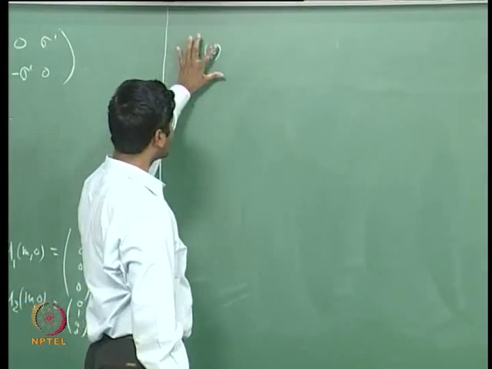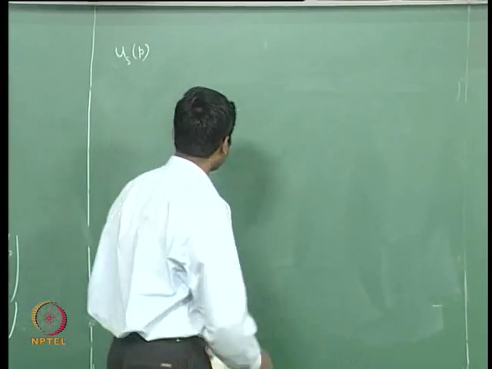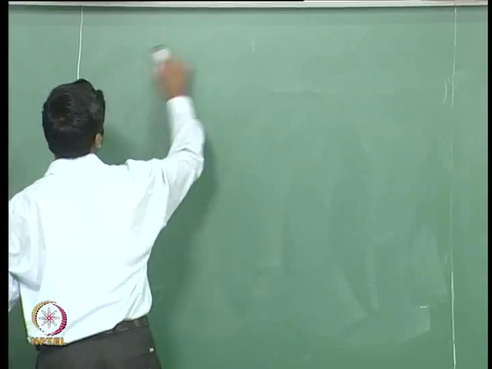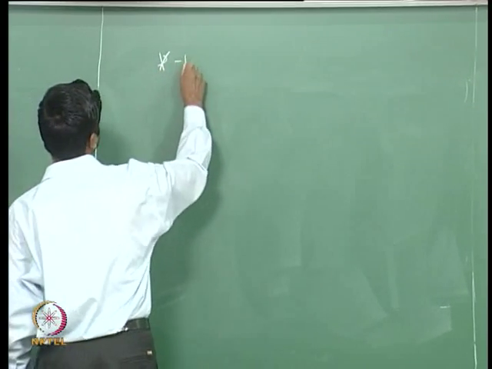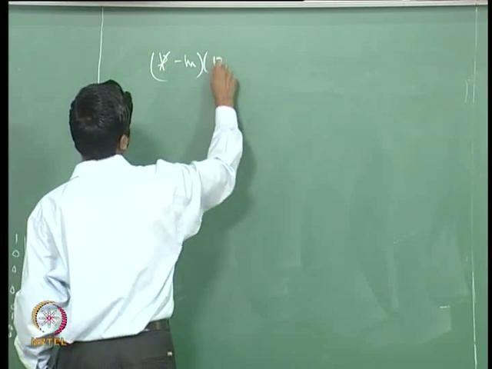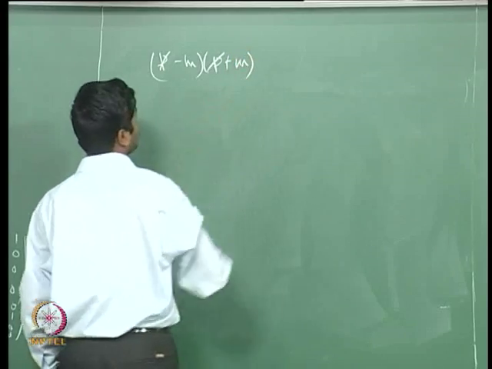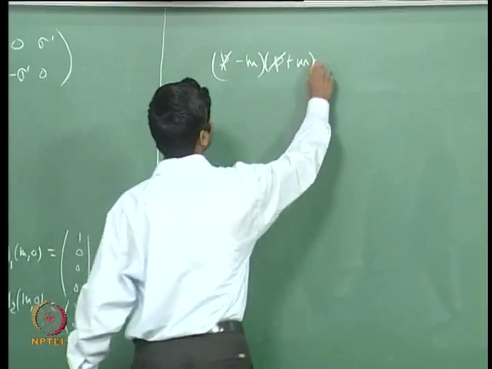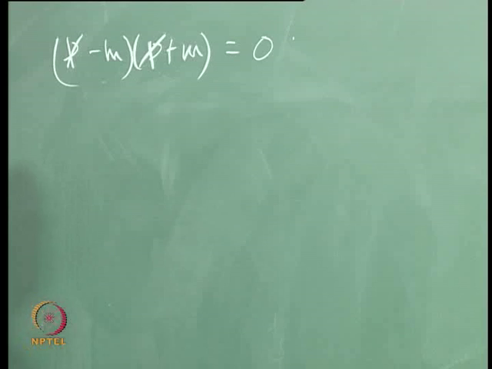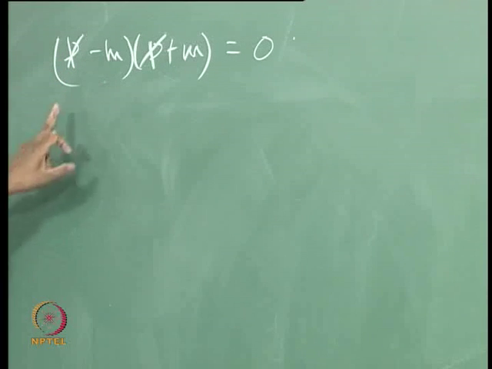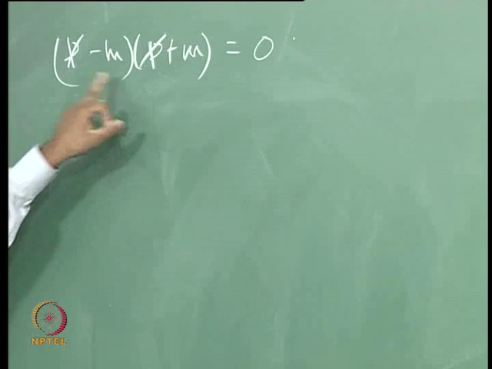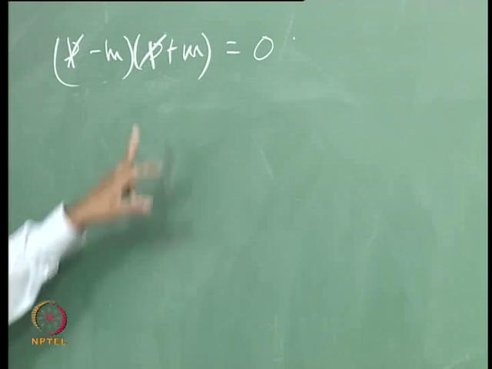Instead what we will do is we will use some identities like p slash minus m times p slash plus m equal to 0. Using this identity, we will construct the most general solution for any arbitrary p. Before that, let me prove to you that this is in fact 0.